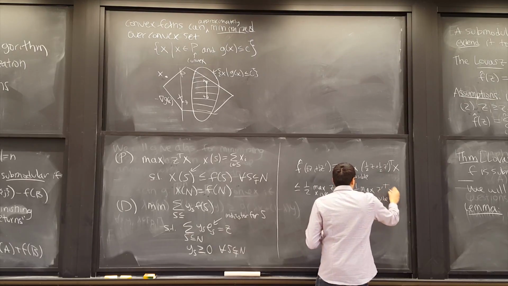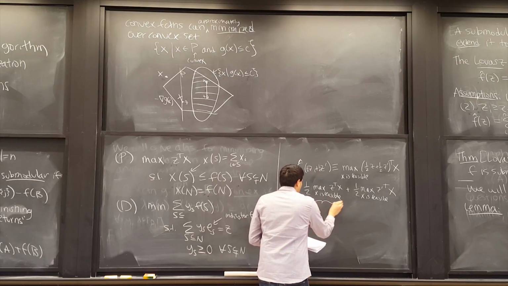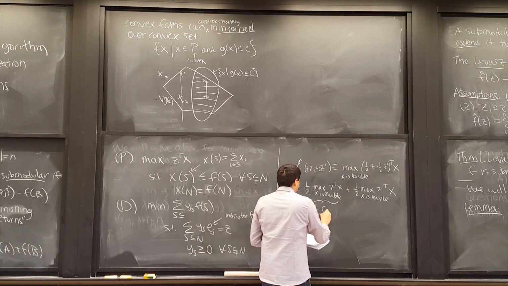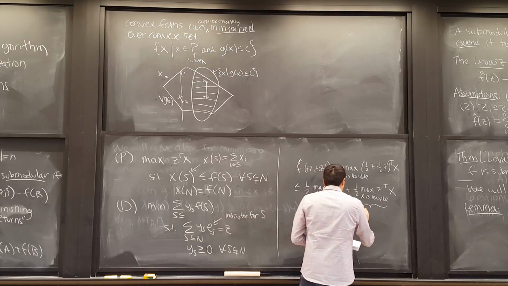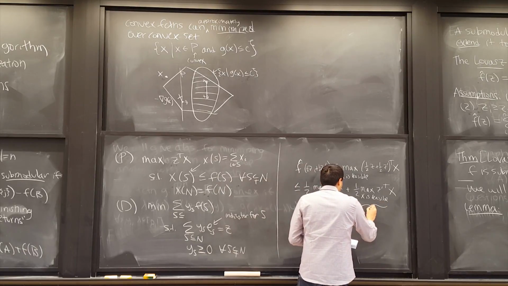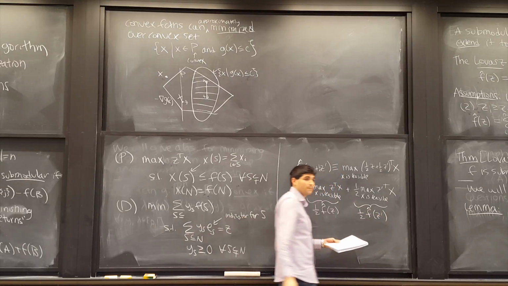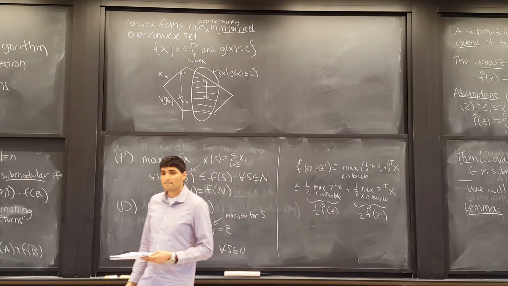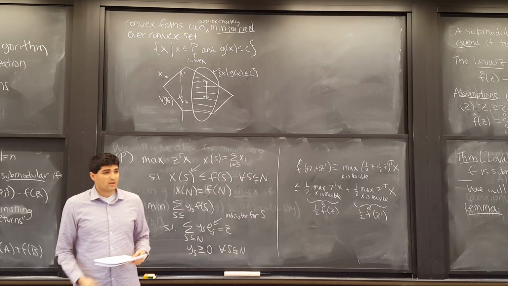That's the important thing. And now this quantity right here is just 1/2 times f hat of Z, and this one is 1/2 times f hat of Z prime. Right?